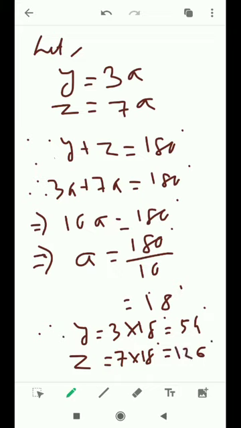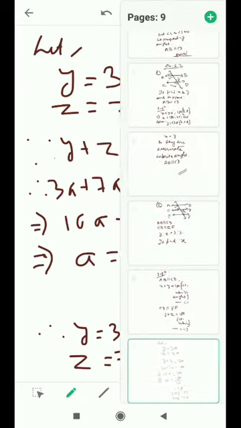So 126 is what we are getting. So now we can get X by putting in X plus Y equals 180. We can put there the value of Y. Or directly also we can put, because AB parallel CD and CD parallel EF, so AB is also parallel to EF.